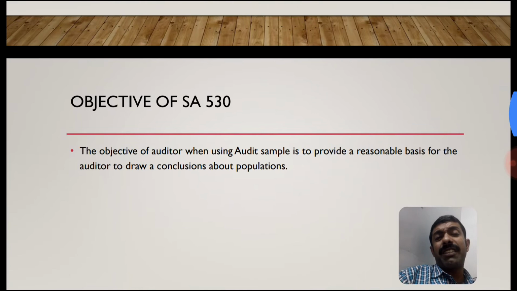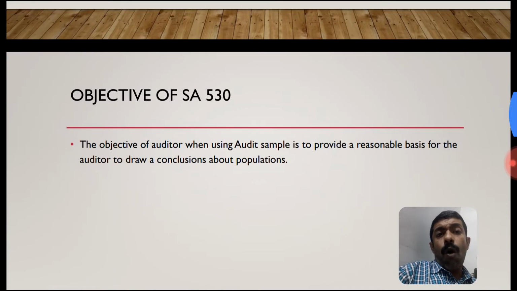Objective of this standard: the objective of this standard is to establish a procedure for the auditor when using the audit sample to provide a reasonable basis for the auditor to draw a conclusion about the population. To select a piece of information and draw a conclusion, that is the fundamental of the sampling technique.